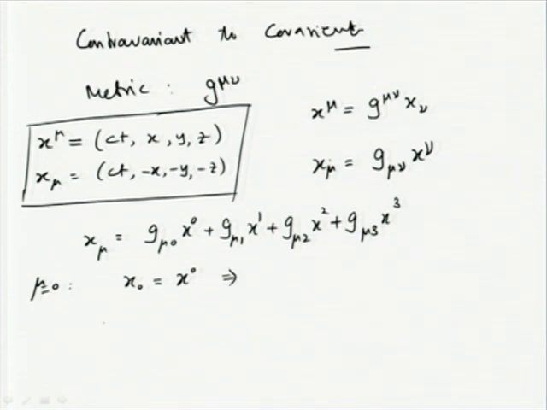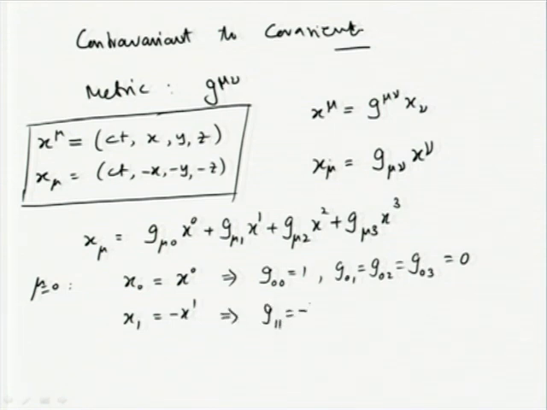So, that will give you that g 0 0 is equal to 1 and g 0 1 equal to g 0 2 equal to g 0 3 equal to 0. Otherwise, x 0 would be related to x 1, x 2, x 3. Similarly, x 1 is equal to minus x 1 and that gives us g 1 1 is equal to minus 1 and g 1 0, g 1 2, g 1 3 equal to 0.